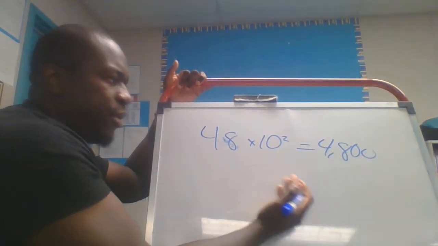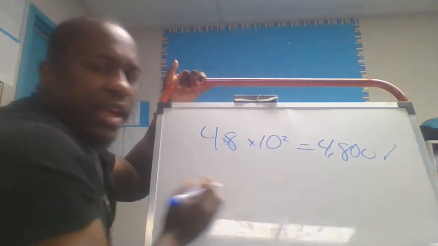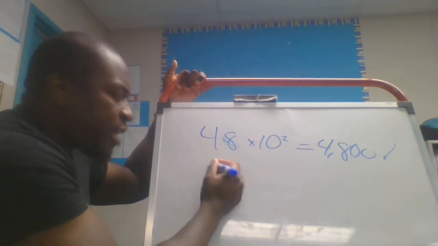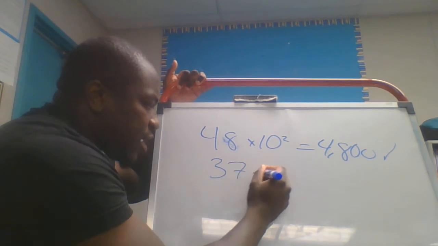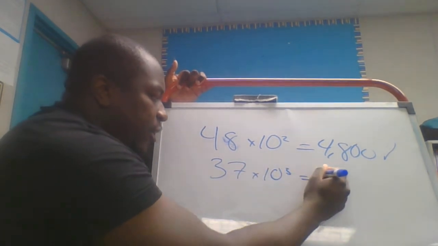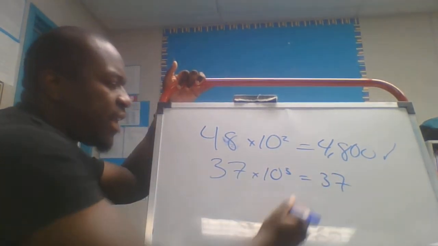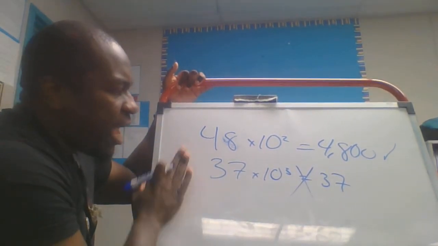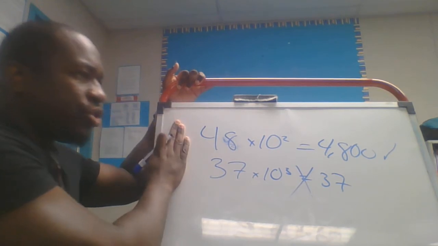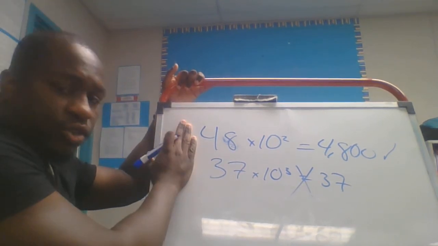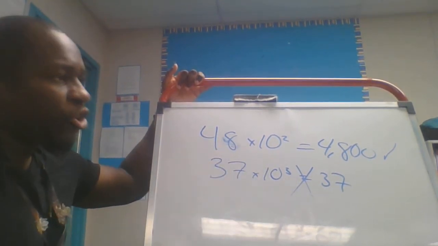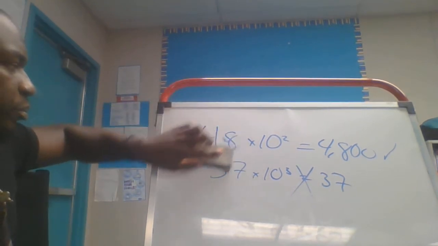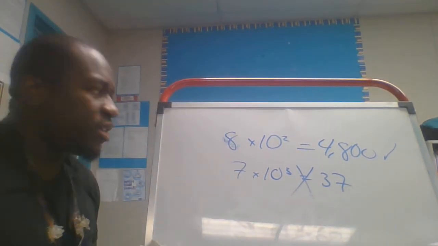And you look at that and you go, yeah, it is. So can you read an equation and know if it's actually correct? So 37 times 10 to the third, if I put 37, that's not equal. So you have to be able to look at a list of equations and see, hey, is this true? Is this not true? Is this true? Is this not true? Okay. So this is the first portion, and it's super easy. Shouldn't really give you any stress at all.